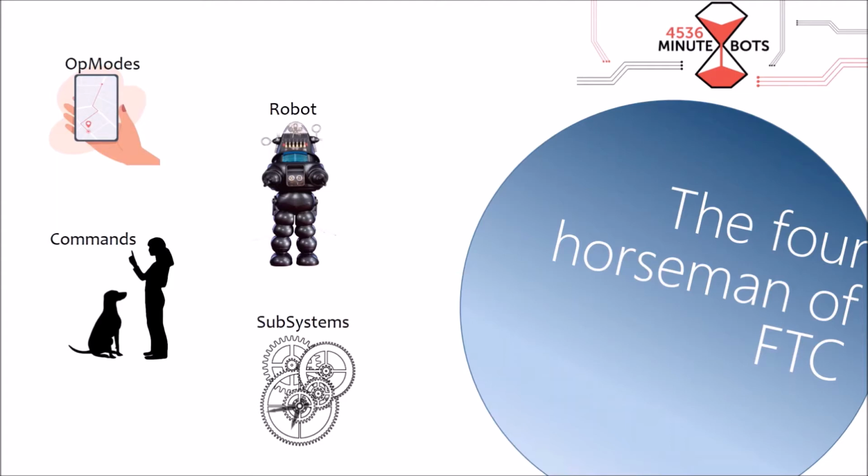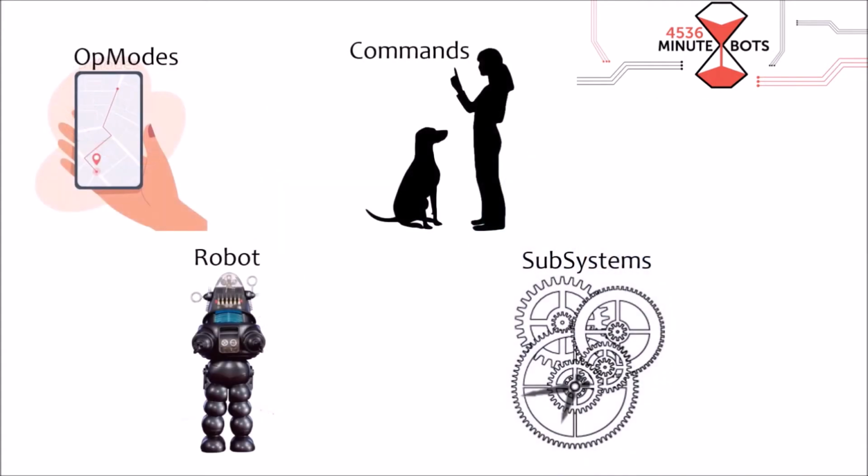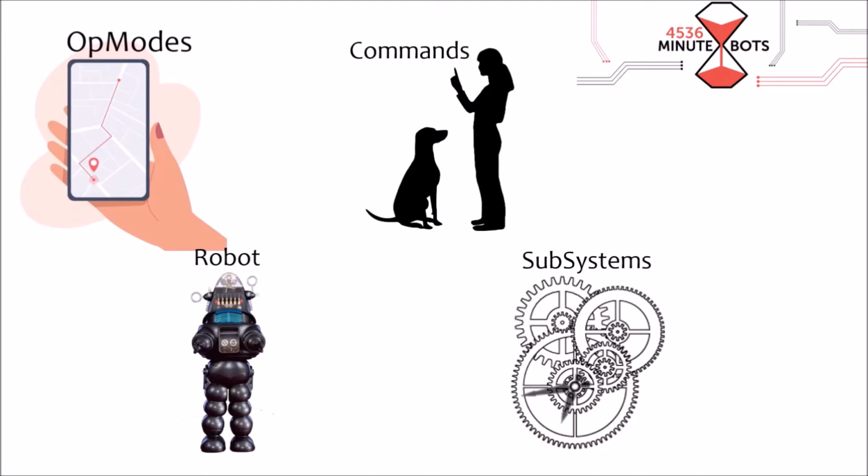And before we go much further, I want to look at each of them so we can understand how they function together. Now, there are OpModes, commands, and robot. I think of OpModes as a map. That's its concern. How do you get from point A to point Z? And it defines the path.